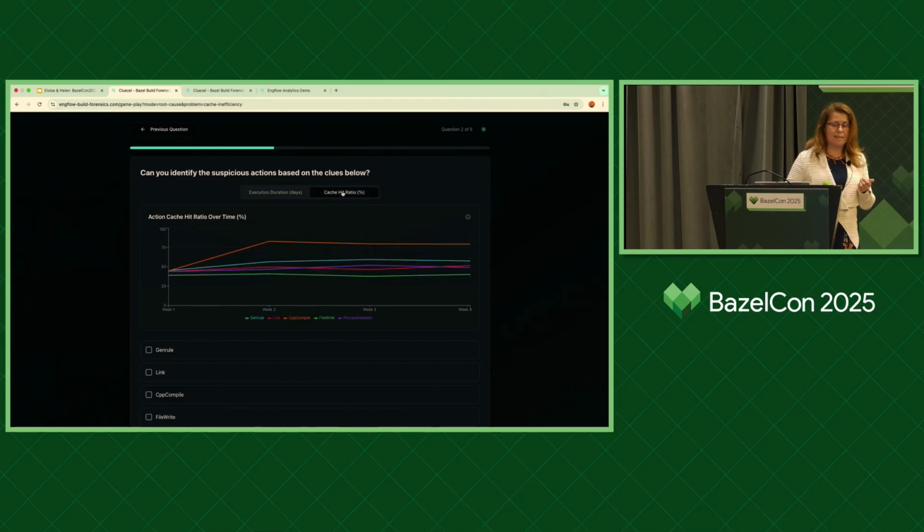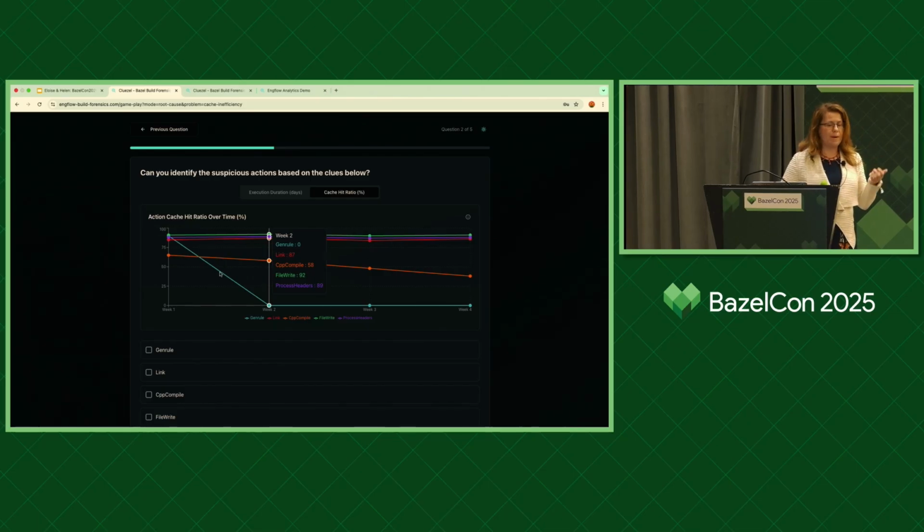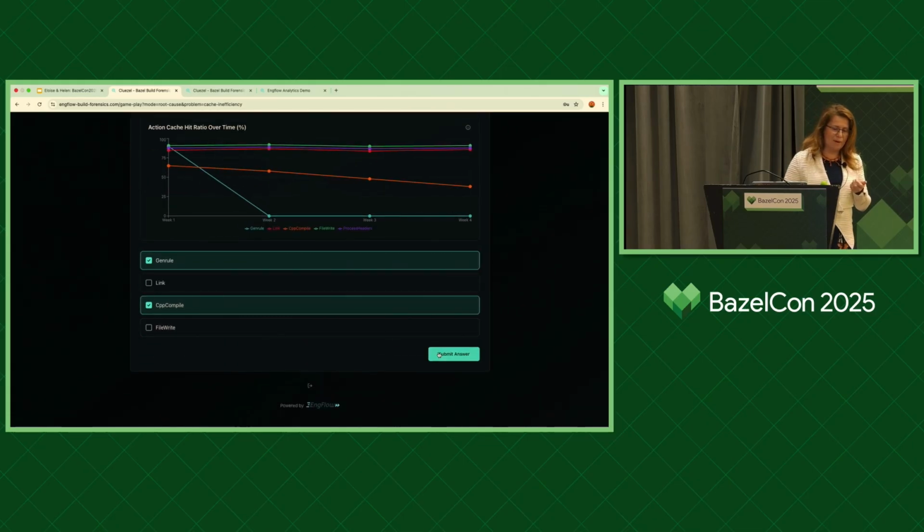Then inspecting the cache side of things, you can see there's a much sharper decline in cache hits for general to 0, while CPP compile is also steadily declining. So these are certainly worth digging deeper into for analysis. We're going to look into these actions and keep going.